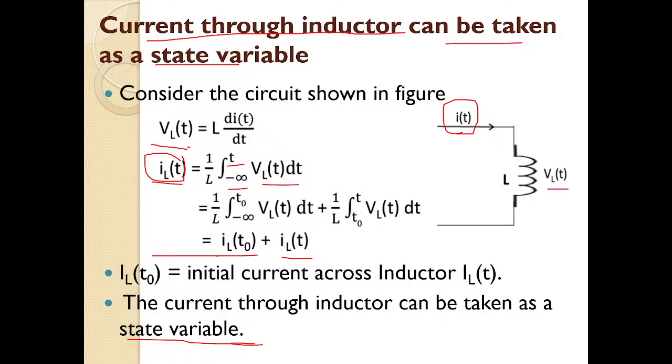State variable is the voltage or current in the circuit due to the storage elements. So the number of state variables will depend on the number of storage elements. If 3 inductors and 2 capacitors are there, total state variables are 5. If 3 capacitors and 2 inductors are there, then also the number of state variables is 5.